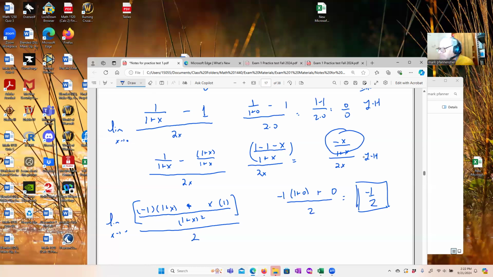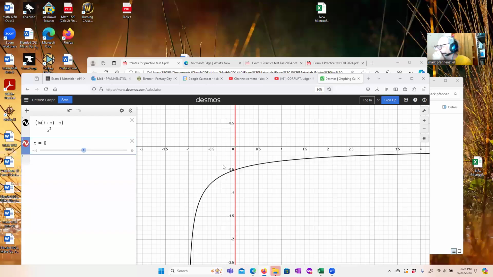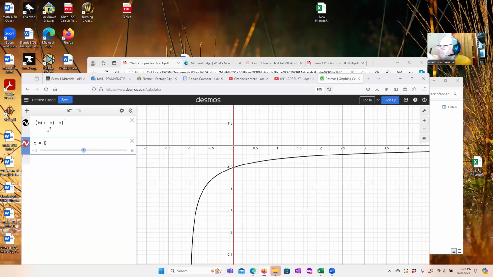I'm going to pause for just a moment so I can show you a graph of what this looks like. Pause to bring up Desmos here for us. All we do is just type in the problem. Desmos is a great tool. If you're not using it already, please start using it.